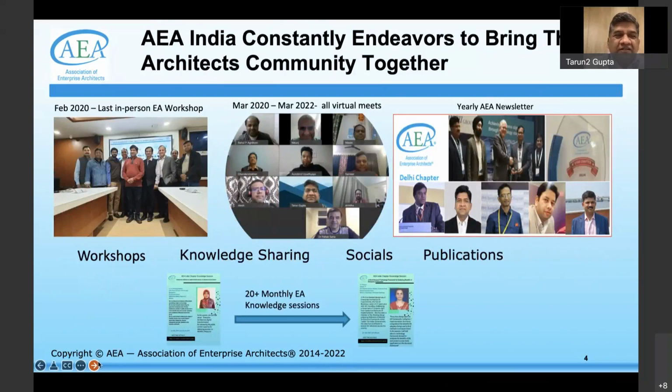With the advancement of technologies, new frameworks, new updates coming in the industry and new digital technologies, AEA has an important role to play in bringing the community together and growing together. This is the agenda. This is the objective of AEA India as well, to keep the EA community of Indian practicing architects together and drive that community towards the growth path.